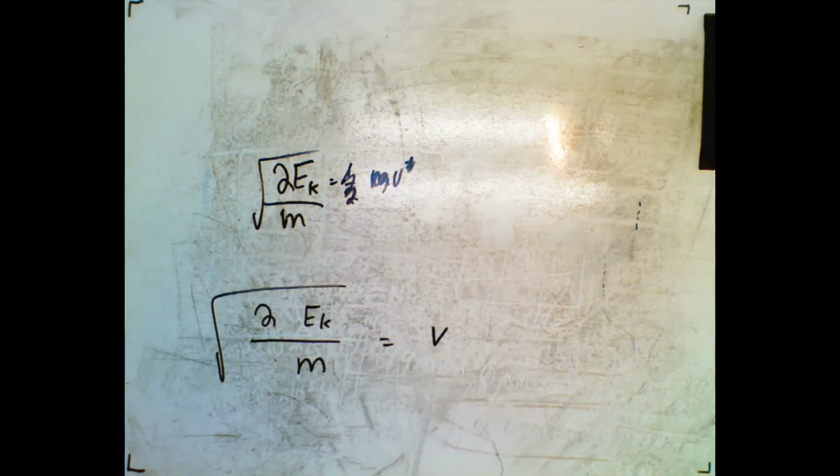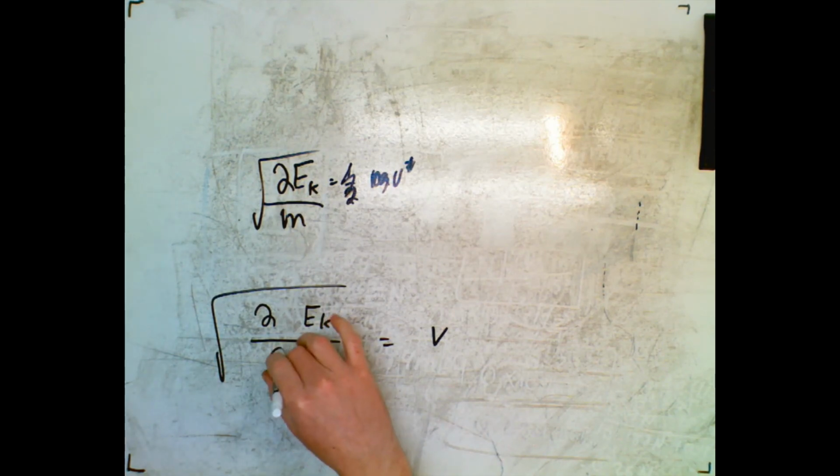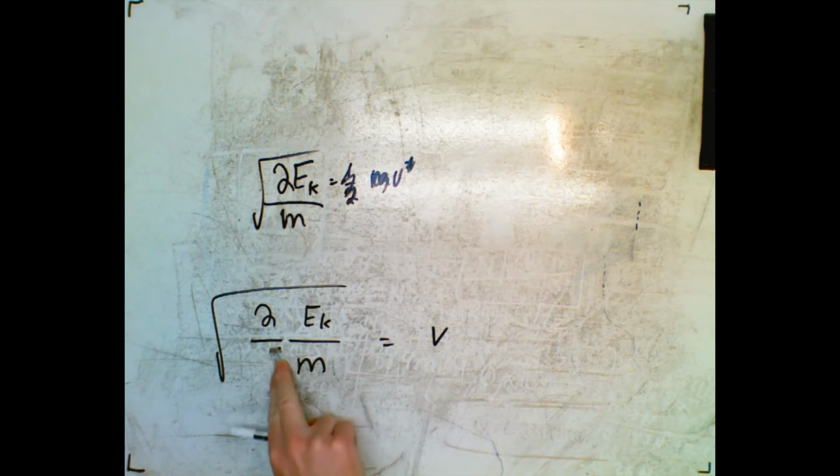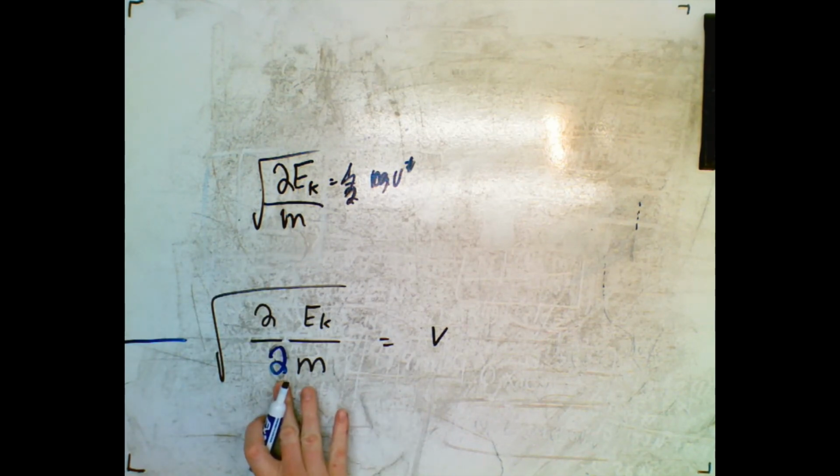Okay, so the question says, by what factor would my velocity change if my mass is doubled? I'm going to do that in blue. My mass is doubled, but my kinetic energy stays the same. Right, so we only want to focus with the changes in the blue, right? So I can also write this out.